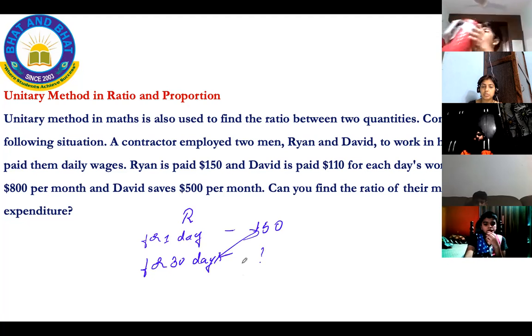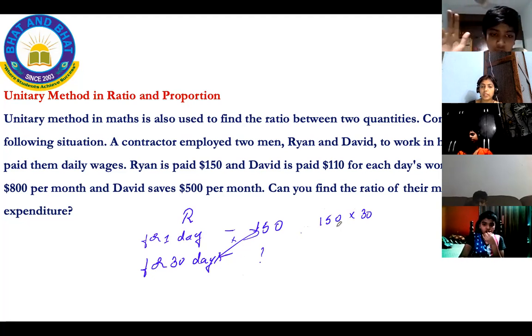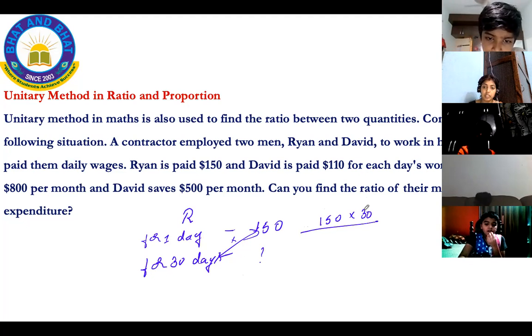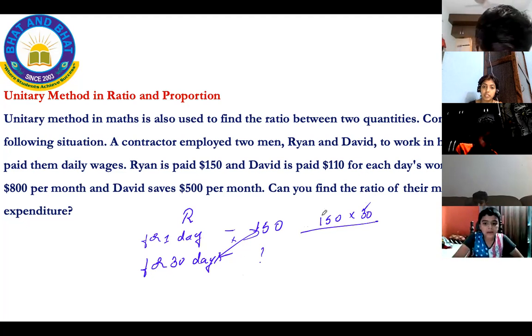Multiply these two, correct? So that is 150 into 30, which is 4,500. I already told you, when you have this type of multiplication, forget the zero. Think zero is not there. Only multiply 3 and 15. 15 threes are 45.